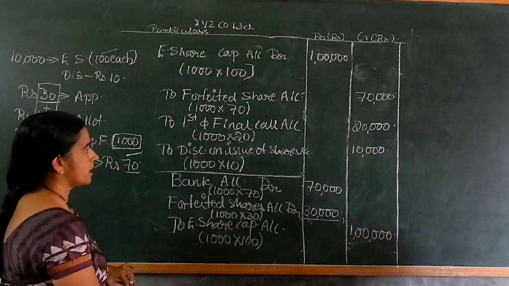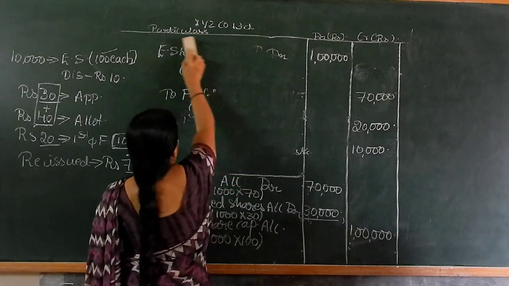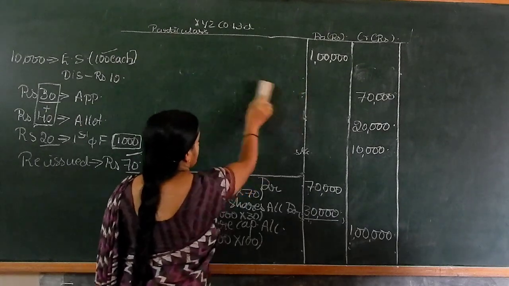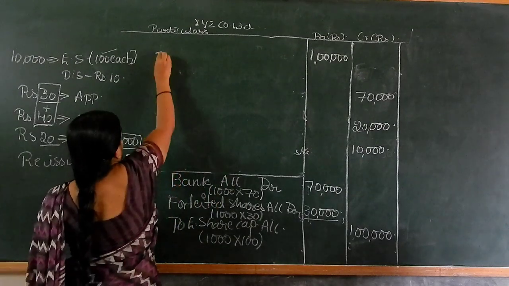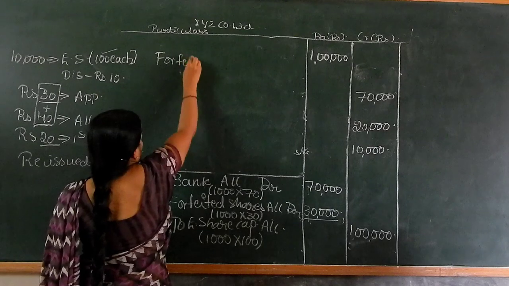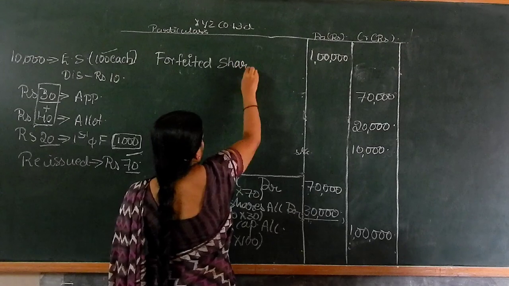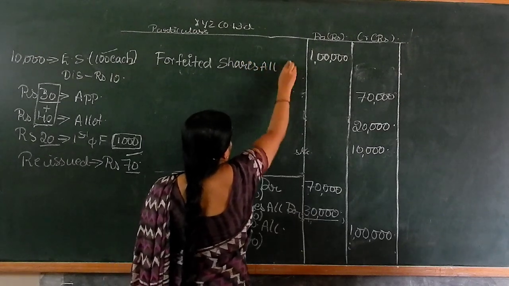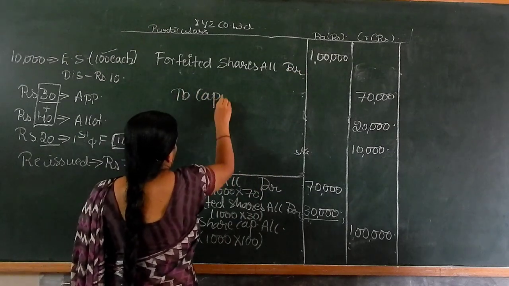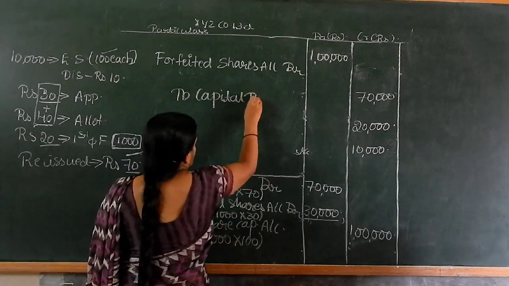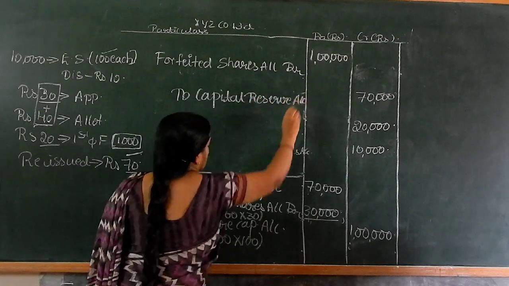For transferring the amount, we have to pass one entry, that is forfeited shares account debtor to capital reserve account.